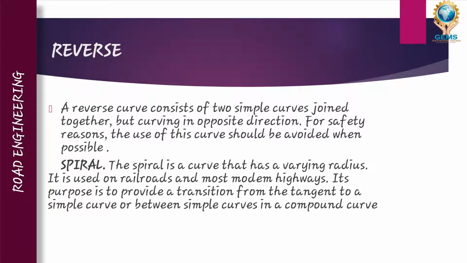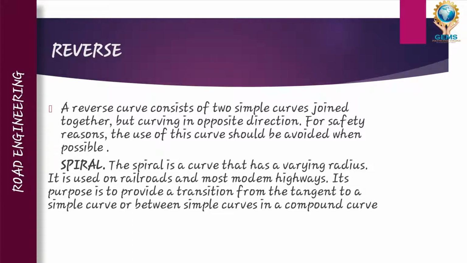But the usage of this curve should be avoided whenever it is possible to take another road, because a reverse curve will make you cover more distance, whereas if you take a different way, it will be easier.